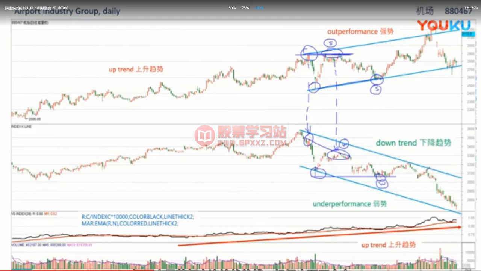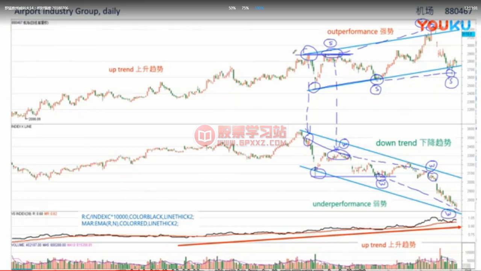Then we could look at, let's say, this high right here and compare it to the market's high. If we connect the significant highs for the industry group, we see that the group is still stronger and the market is still weaker. And then the next low, we're seeing that the slope of this low for the airport group is stronger, bullish, and the market is weaker.